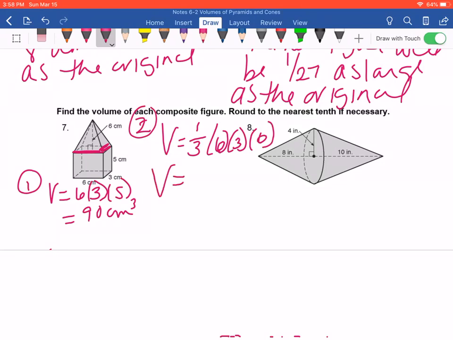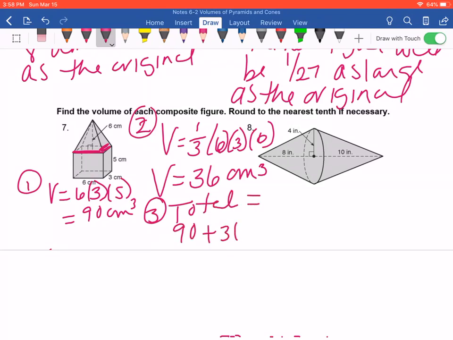Therefore, once you multiply all of these together, you end up seeing that the volume is equal to 36 centimeters cubed. Finally, our last step here is going to be to add both of these together. So our total volume is going to equal 90 plus 36 centimeters cubed, which is 126 centimeters cubed.